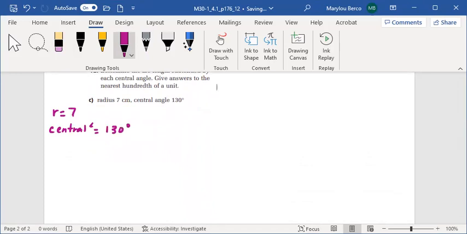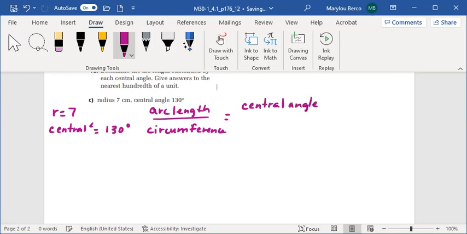So the proportion we're going to use is arc length over circumference equals central angle over complete rotation.